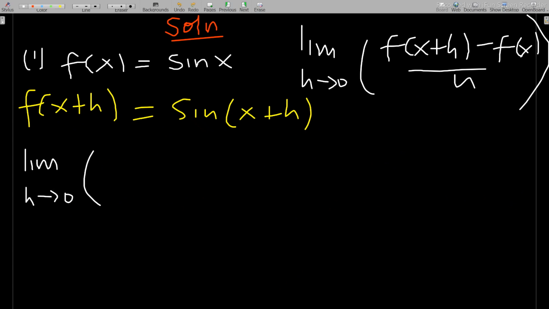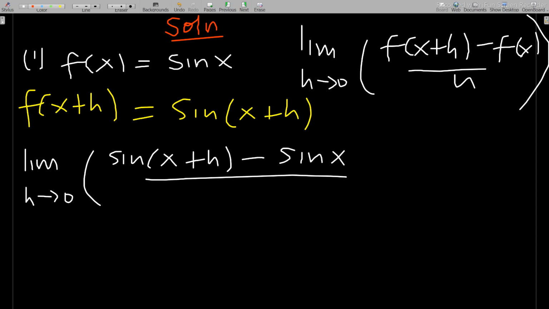So f of (x plus h) is sine of (x plus h) minus sine of x, over h.